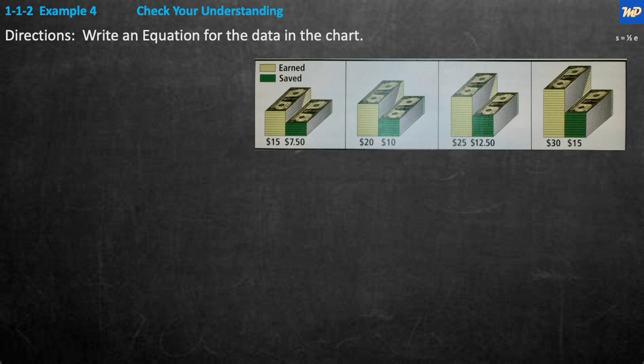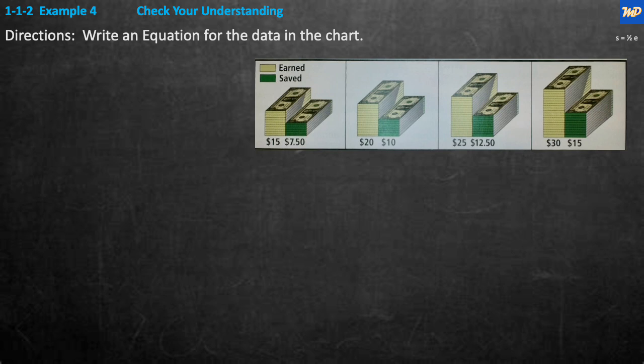We have earned in light green, I guess, maybe that's yellow, I can't tell, and dark green for saved. You see the person earned $15 and saved $7.50. You can read the rest. Go ahead and give it a try. Stop the video and come on back when you're done.